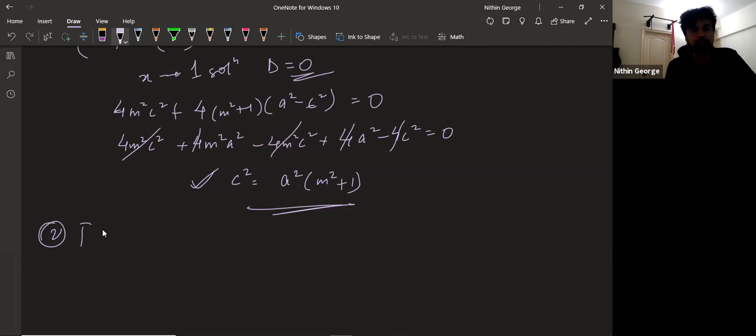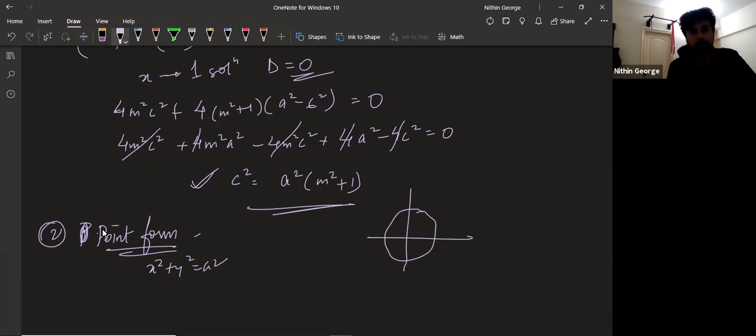Second is the point form. Okay, so this is for any equation x square plus y square equal to a square, or x square plus y square plus 2gx plus 2fy plus c equal to 0.